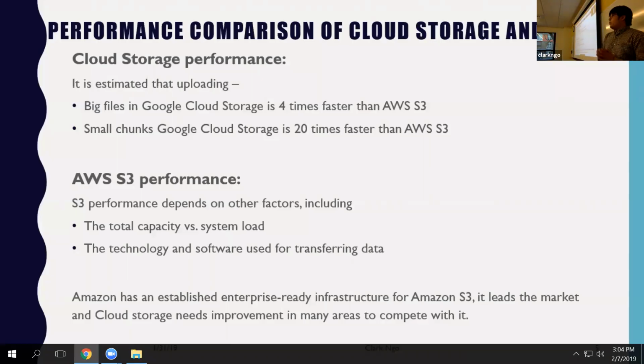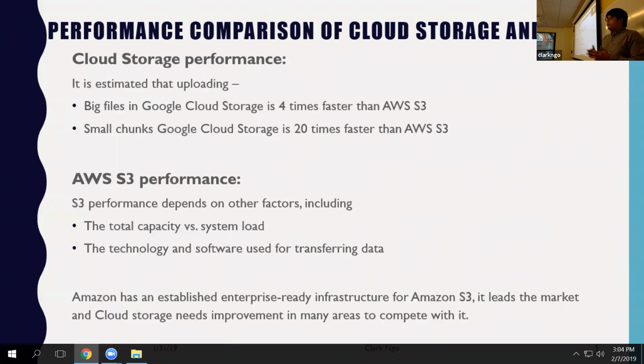So, performance comparison. In one of the articles that I found, it says that big files and small chunks in Google Cloud Storage are way faster than AWS S3. In AWS S3, performance would depend on the capacity and how much you put in there, the system load, and how much computation your system can do.